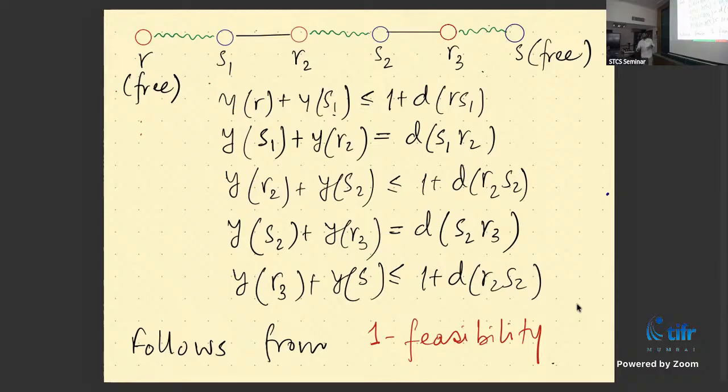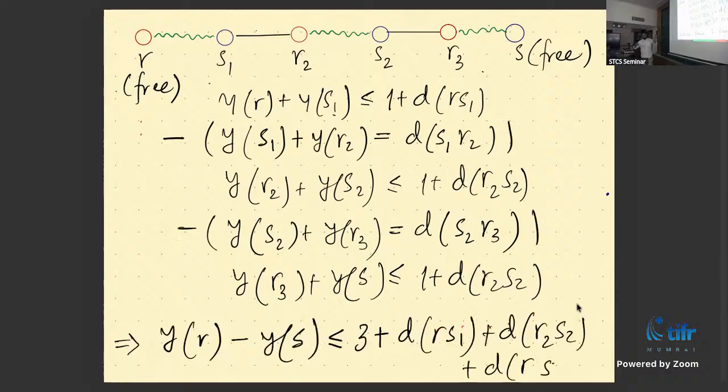I add them up, except that I negate the terms which come from the matching. What do I have if I do that? Everything cancels out on the left hand side except the dual of the first vertex and the dual of the last vertex.